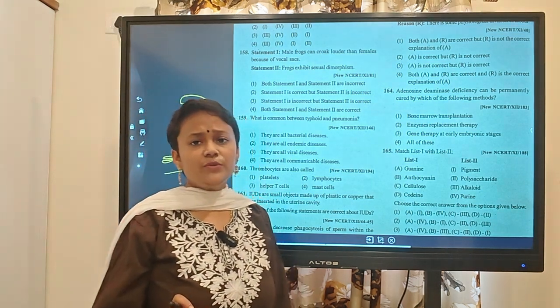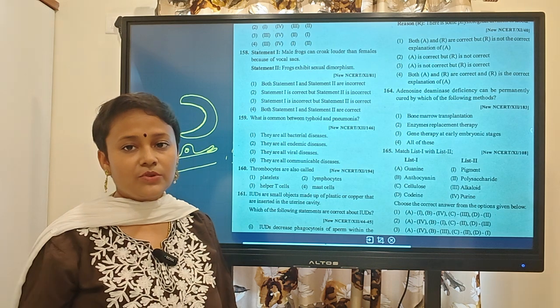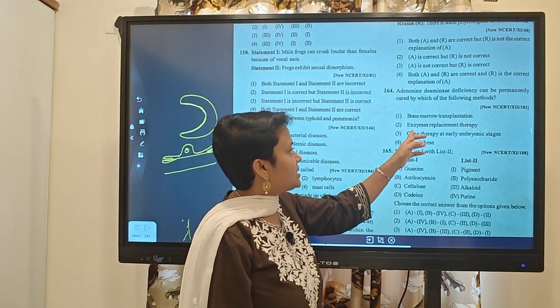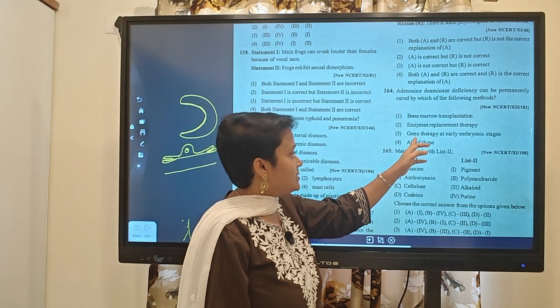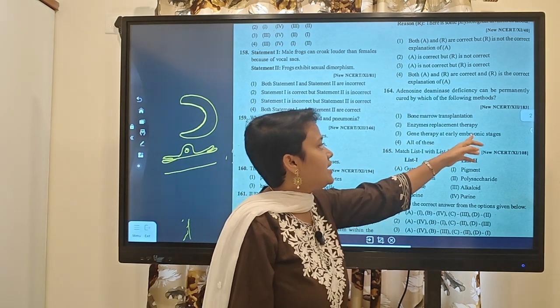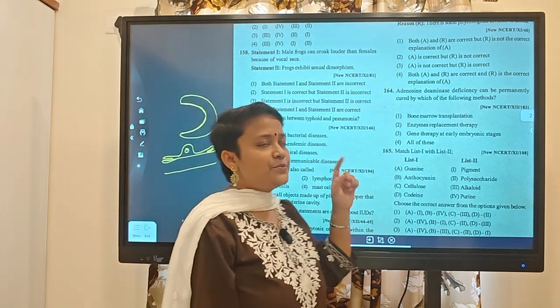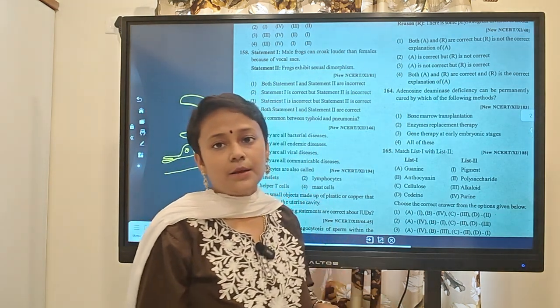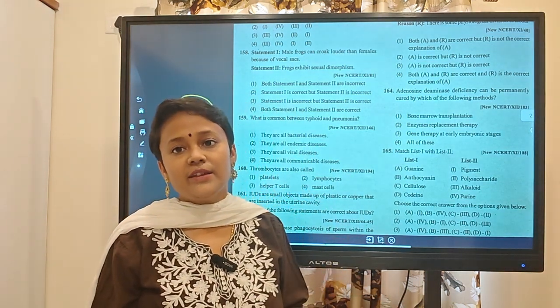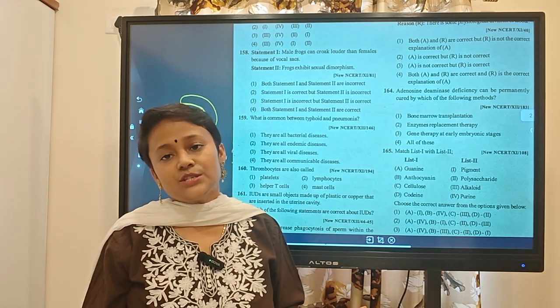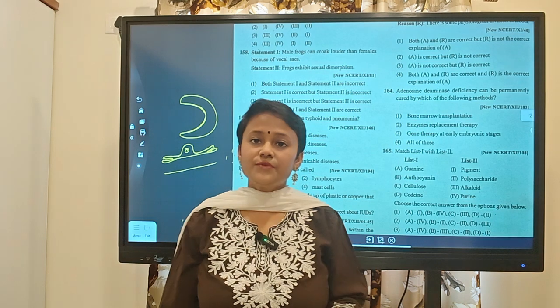Or not cured, we can say that can be treated. So the first one: bone marrow transplantation, enzyme replacement therapy, gene therapy at early embryonic stages. It is clearly given in the NCERT that the permanent cure is gene therapy at early embryonic stages, because at that stage the differentiation of cells is not fully done.